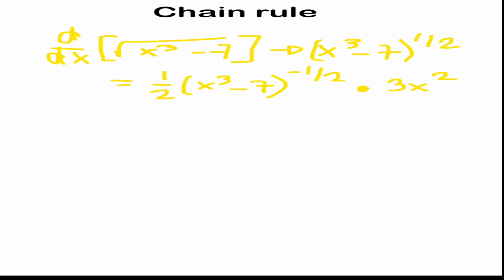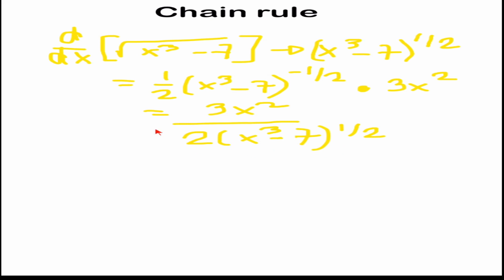So now we have 1/2 multiplied by 3x squared, so we have 3x squared over 2 times x cubed minus 7 raised to negative 1/2. We can write this also into this form. So we have 3x squared over 2 times the square root of x cubed minus 7.